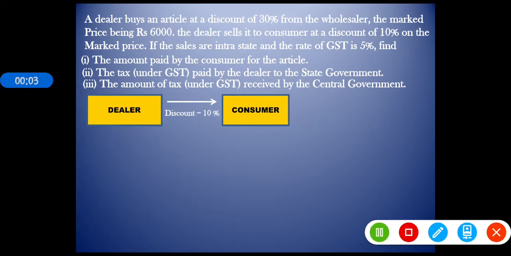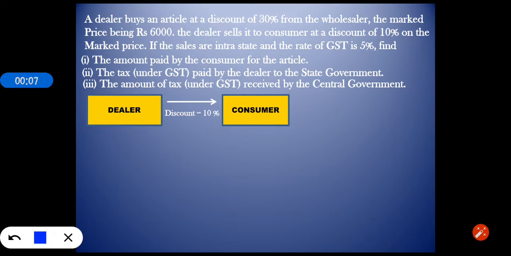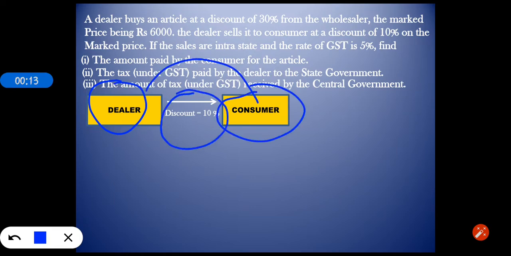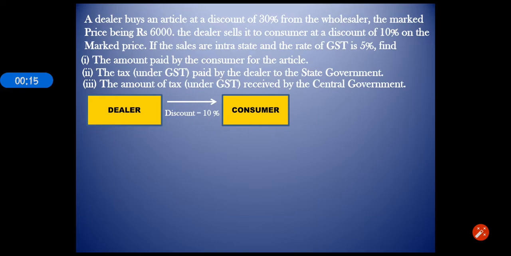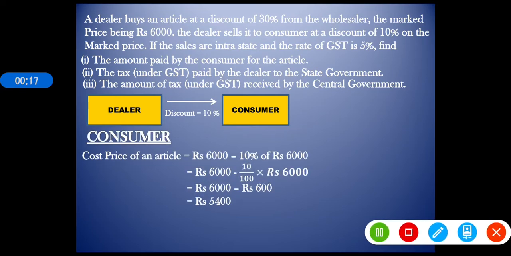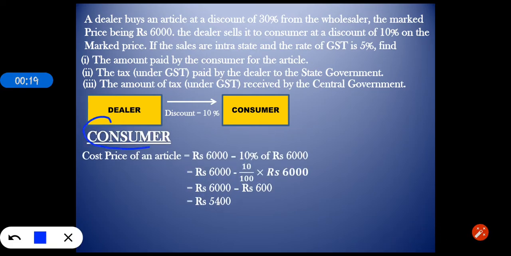Okay, now the second part is the dealer sells it to a consumer at a discount of 10%. Now for the consumer, the cost price of the article is the mark price 6,000 minus 10% of 6,000.